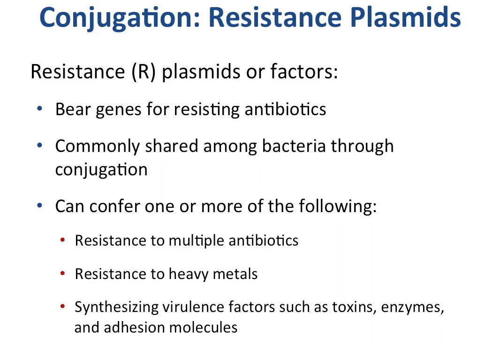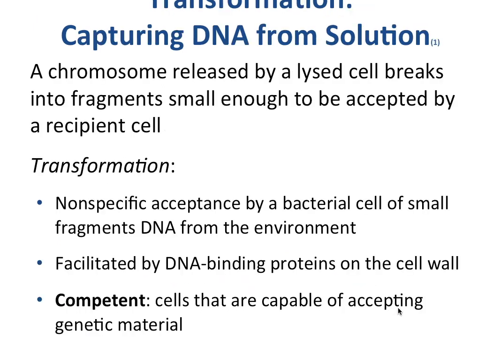Okay, so they can be shared among bacteria through conjugation. So this plasmid can let the bacteria have resistance to antibiotics, metals, or certain toxins. Okay.